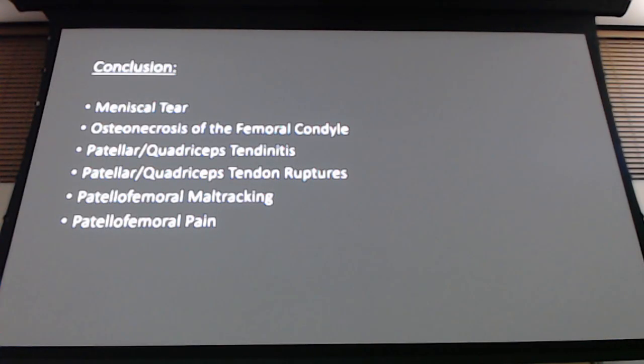When we talk about osteonecrosis of the femoral condyle, this is not avascular necrosis of the hip, correct? Yes. The answer is yes, okay? So when you're reading these questions, a lot of the answers sound similar, so you may be fooled and tricked.